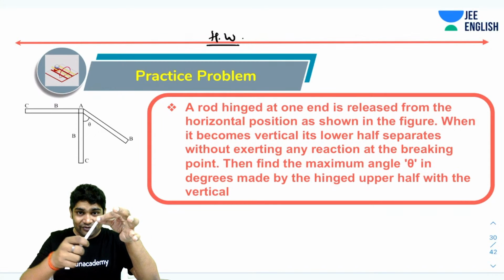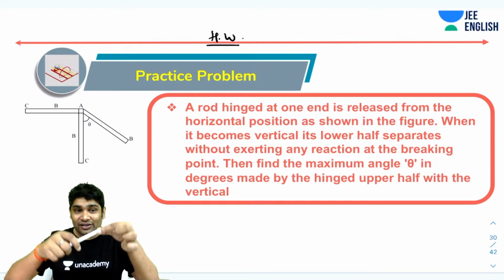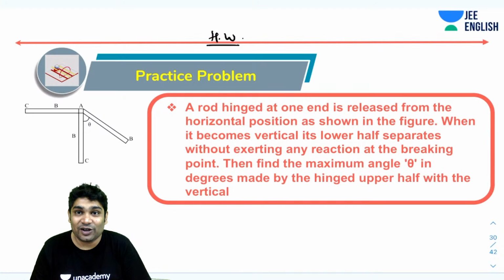The rest of the half keeps on rotating. You have to find the maximum angle theta in degrees to which the hinged upper half will rise. This is a very good problem, try this.